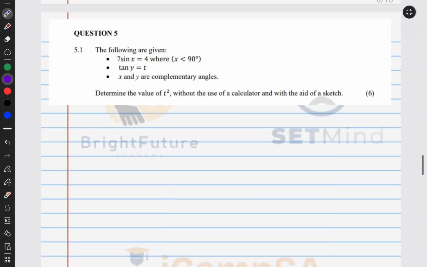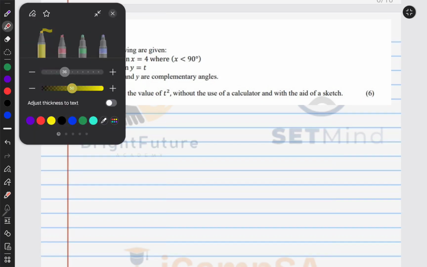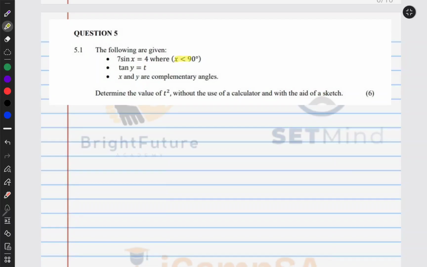Okay, so for 5.1, the following are given. 7 sine x is equal to 4, where x is less than 90 degrees. So what are they telling us if they're saying x is less than 90 degrees? They're telling us that the angle x is found in the first quadrant, because that is where acute angles are found.